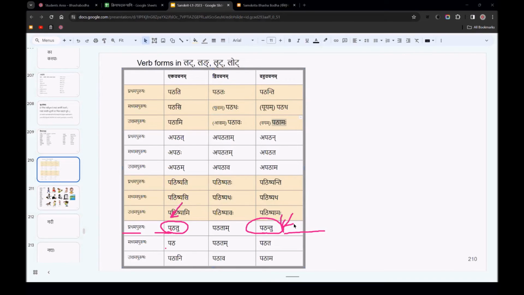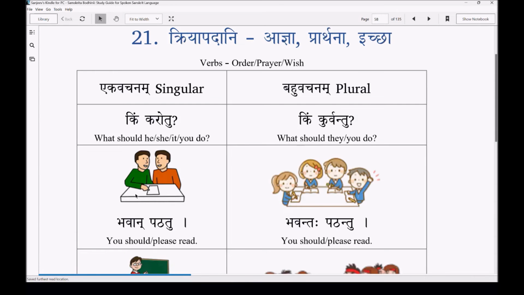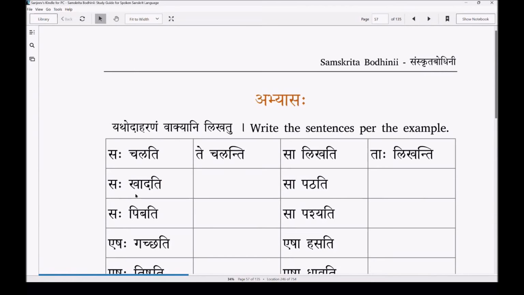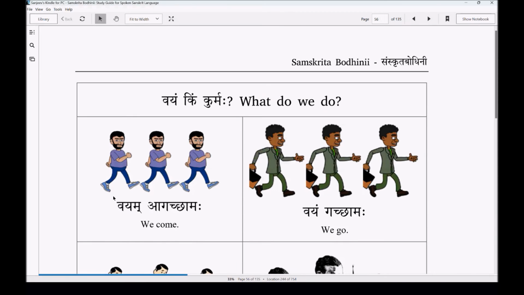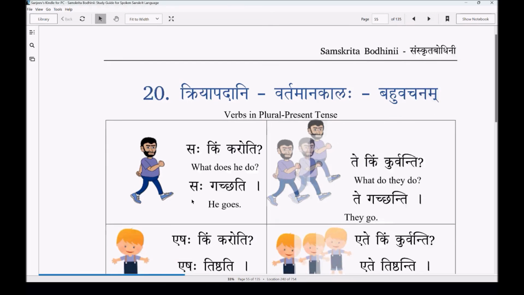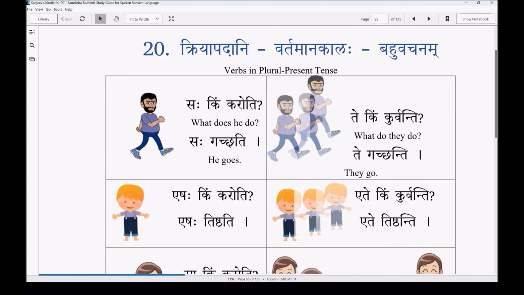So in place of bhavan, it could be any other word which can be used in the prathama purusha. Example here, if you see the previous one, we have saha chalati, saha tishtati, saha gacchati.